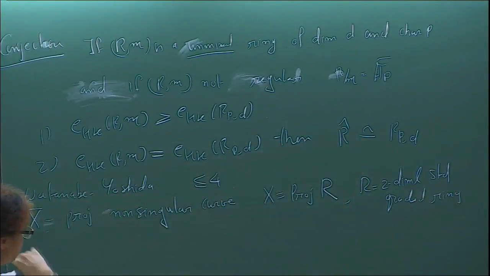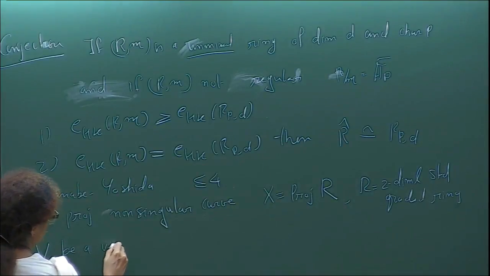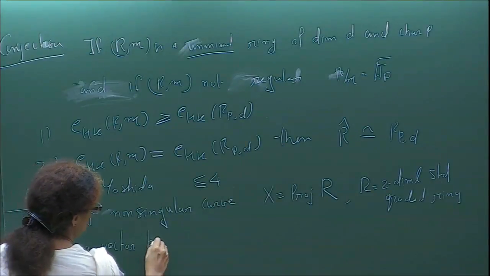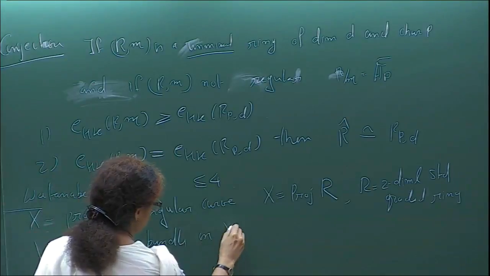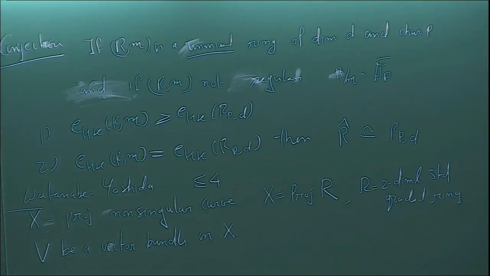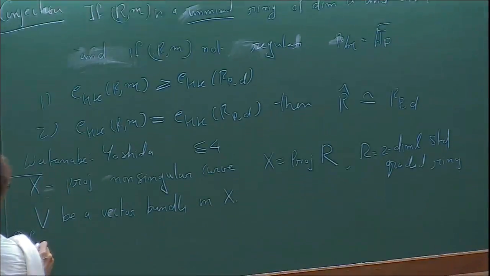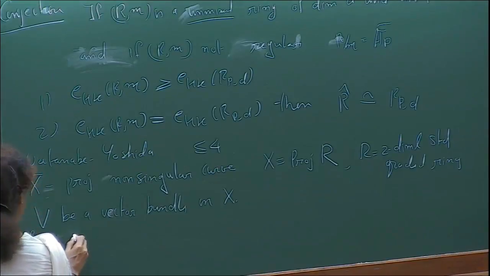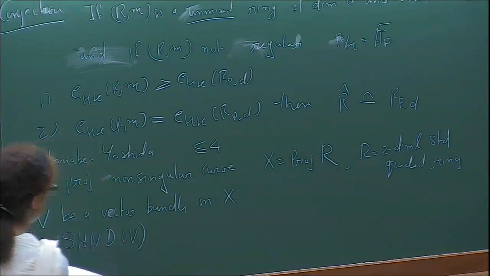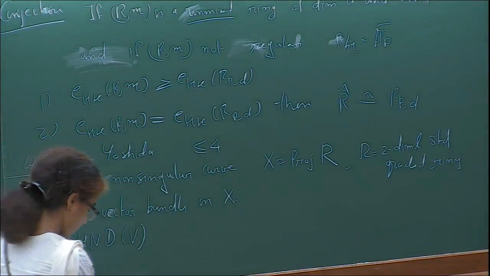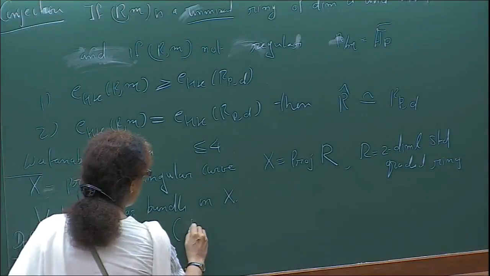And V is a vector bundle. Okay. So you have a curve, you have a vector bundle, and now you associate a set of numbers to V, which I call strong HN data related to V. So I'll define it in a moment.